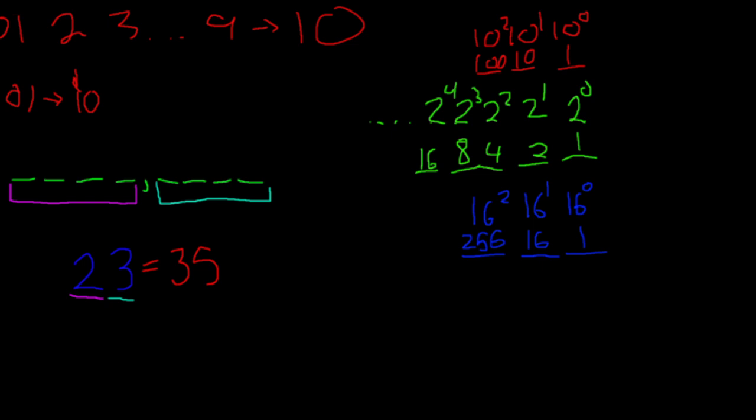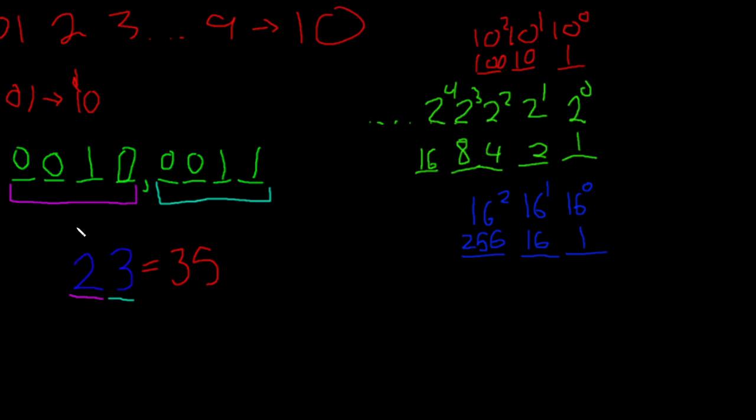So now what you would do is you would take the 2. What's 2 in binary? 0, 0, 1, 0. What's 3 in binary? 0, 0, 1, 1. So look at that. Converting from hexadecimal to binary is super easy.